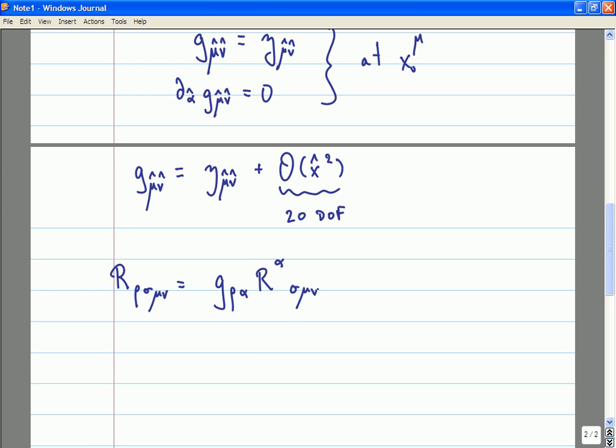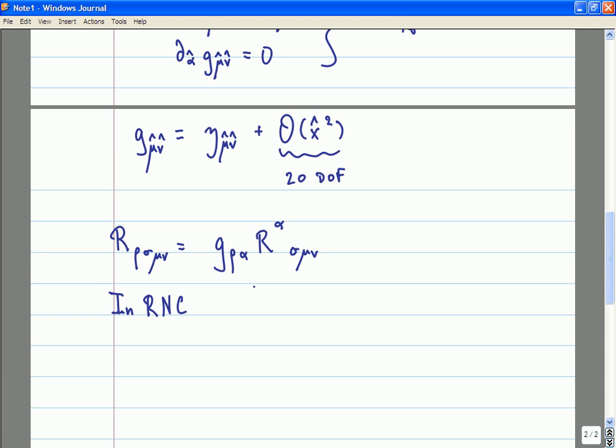So I would like to study the object with four lower indices, where I just lower one of the indices with the metric as usual. So what does this look like in Riemann normal coordinates? This stands for Riemann normal coordinates, not Republican National Committee. So in Riemann normal coordinates, what does this look like?